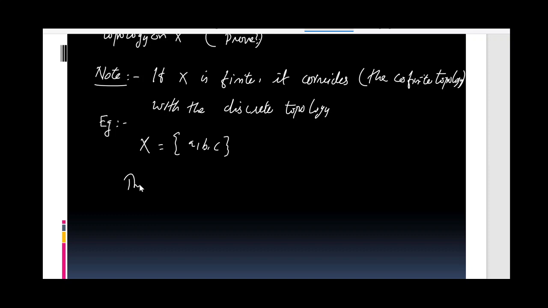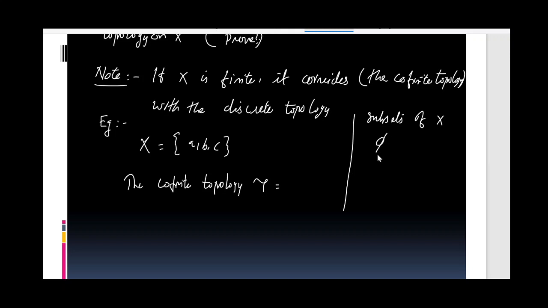So how to find the cofinite topology? You take a subset of X, and if its complement is finite, that set belongs to tau. What are the subsets of X? First one is the empty set.